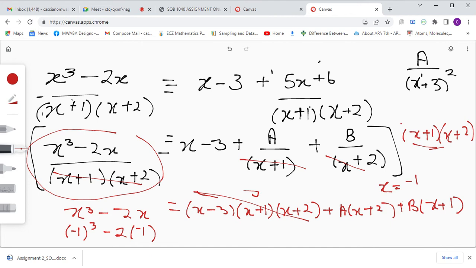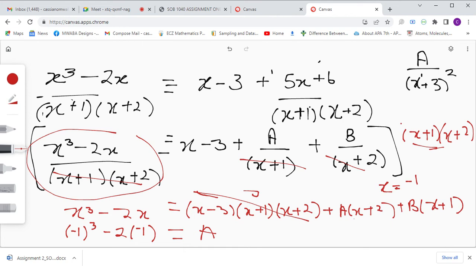Here we're going to say -1 plus 2, we're going to get 1, so 1 times a, we're going to get a. Then b, -1 plus 1, we're going to get 0, and 0 times b gets cancelled out.